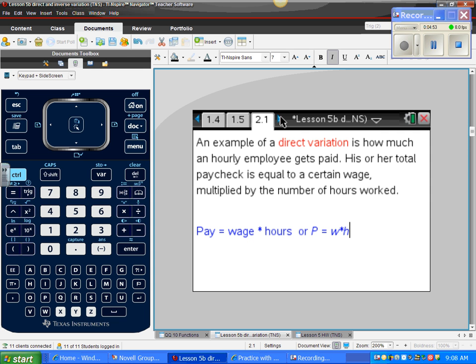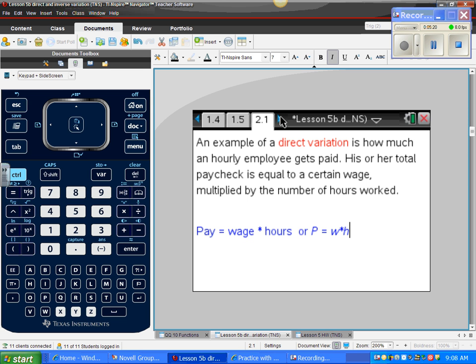Okay, so an example of direct variation is how much an hourly employee gets paid. His or her total paycheck is equal to a certain wage multiplied by the number of hours. How many of you have jobs? One of you. Okay, so how can you go about getting a higher paycheck?